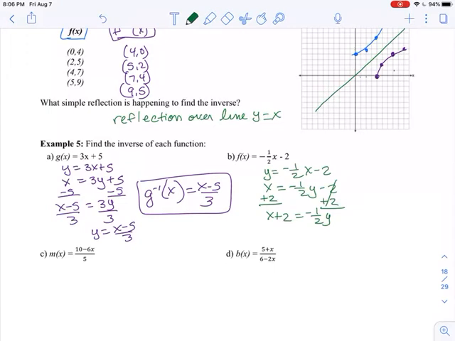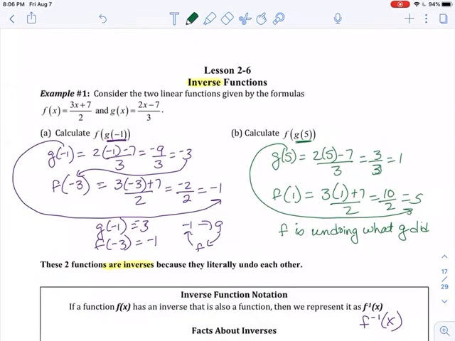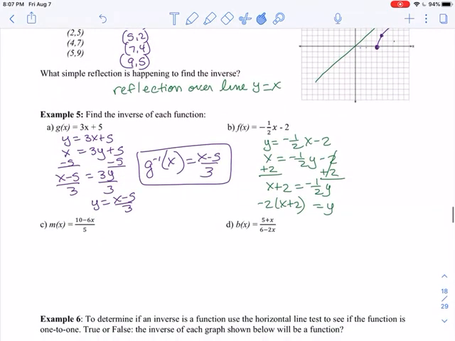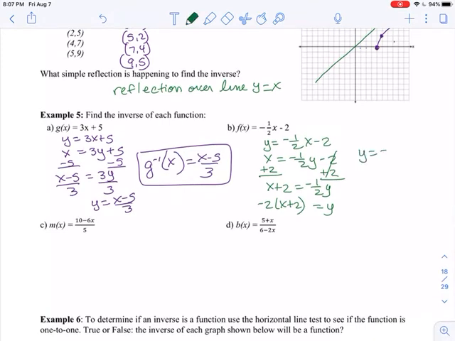All right, so I'm just going to flip this. I'm going to take the reciprocal. So I'm multiplying by -2. And when I do that, I will use the distributive property right here. All right, and I will get y equals -2x minus 4. And then I can write that in the function inverse notation.